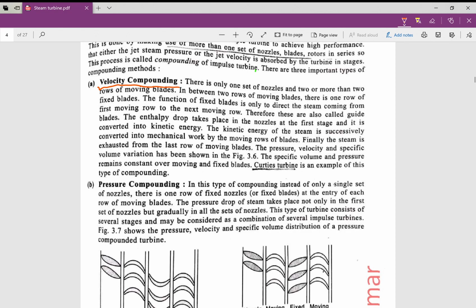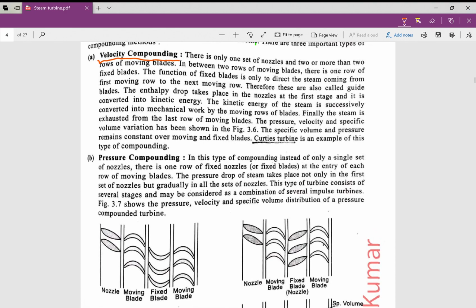So dear students, first you should know the example of velocity compounding turbine is the Curtis turbine. So now we have to only see the arrangement of velocity compounding.